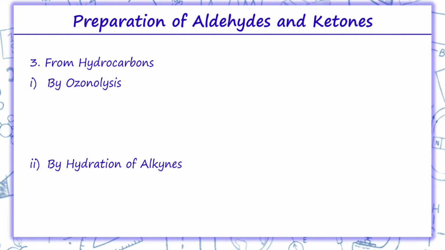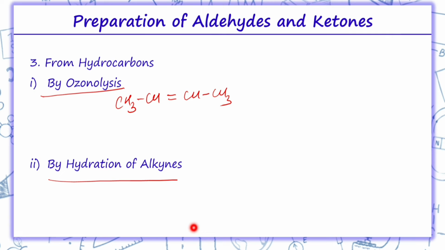Next is from hydrocarbons, which we have already studied. First is by ozonolysis, second is by hydration of alkynes. By ozonolysis of simple alkenes, like we have CH3, CH, double bond CH, CH3. This is a simple alkene.